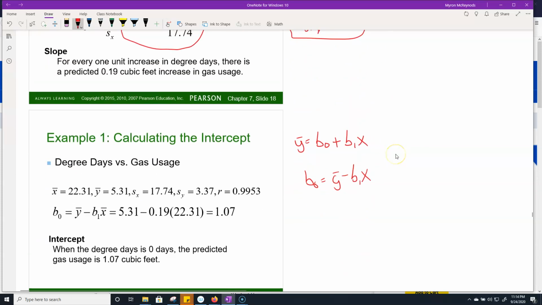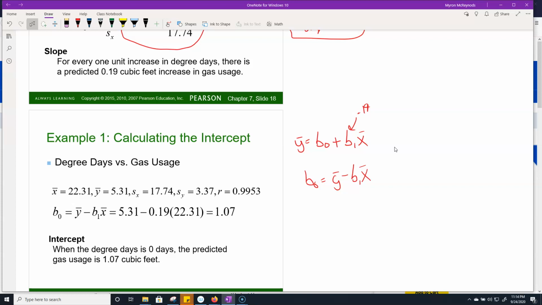And now that I know the slope, so that is 0.19, what I'm going to do is find the y-intercept because I know everything else. I know y and x as well. I'm just missing this y-intercept right here. So to solve for the y-intercept, you use the y-intercept formula, which means you subtract this part of it over. This is the key formula here. If you know that, you'll know everything.